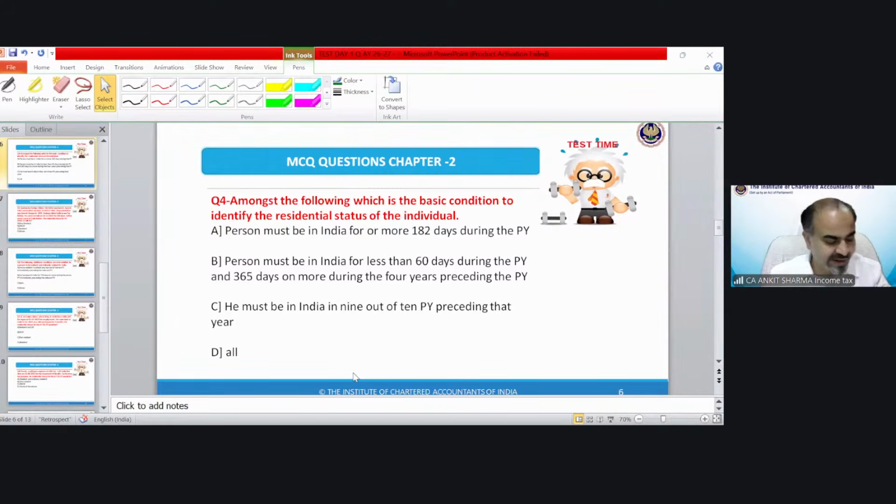The correct answer is option A. The person must be in India for 182 days or more during the previous year. You can see in B it is written less than 60 days, intentionally to confuse you. So that condition is not correct. That condition is for resident and not ordinary resident. Only the first condition is correct in this circumstance.